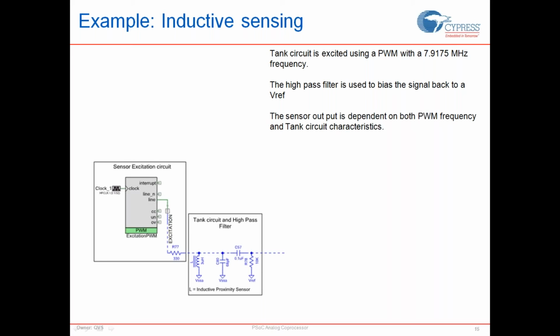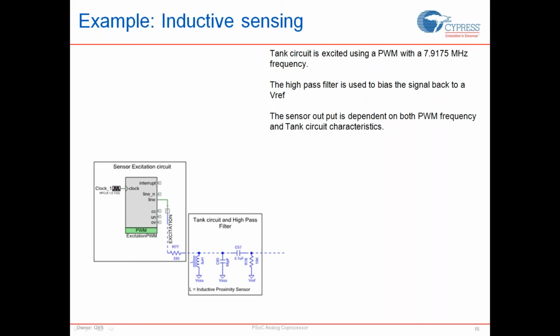So keeping it on one of the slopes is more useful, so that you get a more linear response from your circuit. So, 7.9175 excitation frequency, and the tank circuit designed for close to an 11 megahertz resonant frequency.